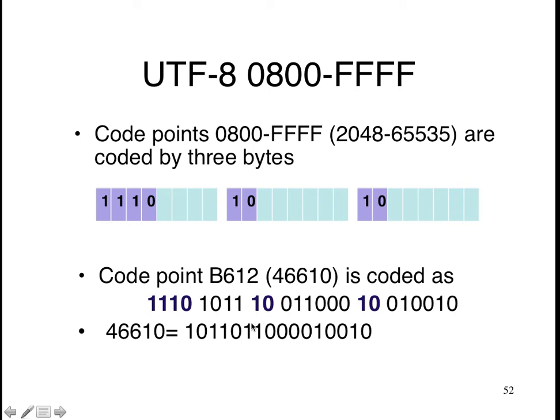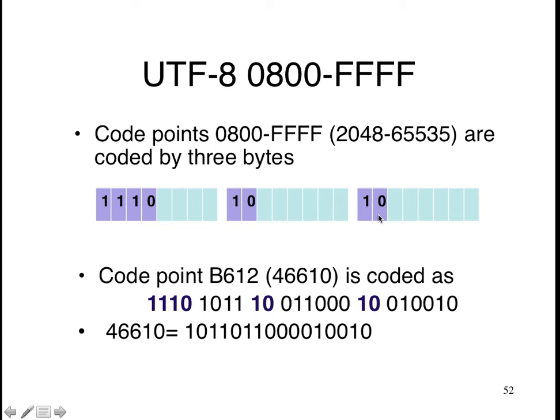So here, the code point is B612, which in decimal is 46,000 and whatever. The 1110 here marks the beginning of the leading byte. So we know now that there are 2 more bytes coming. The 10 here are used to mark the beginning of the continuation byte, and the 1 and 0 here are used to mark the beginning of this continuation byte.